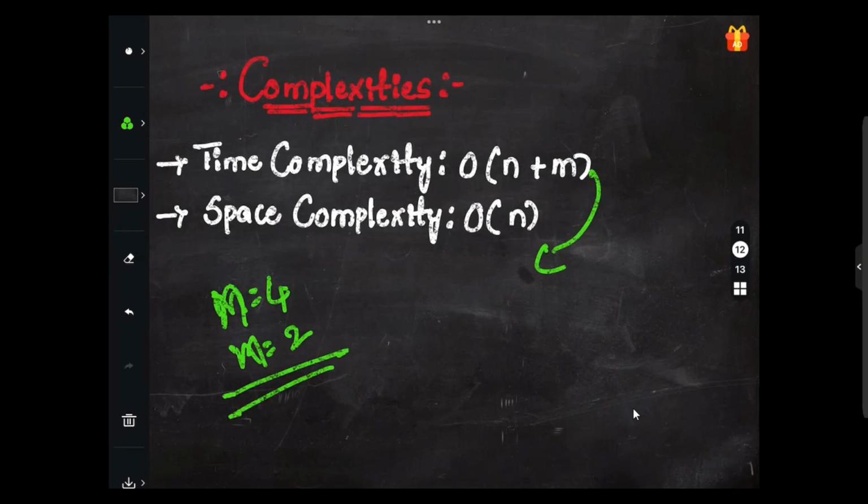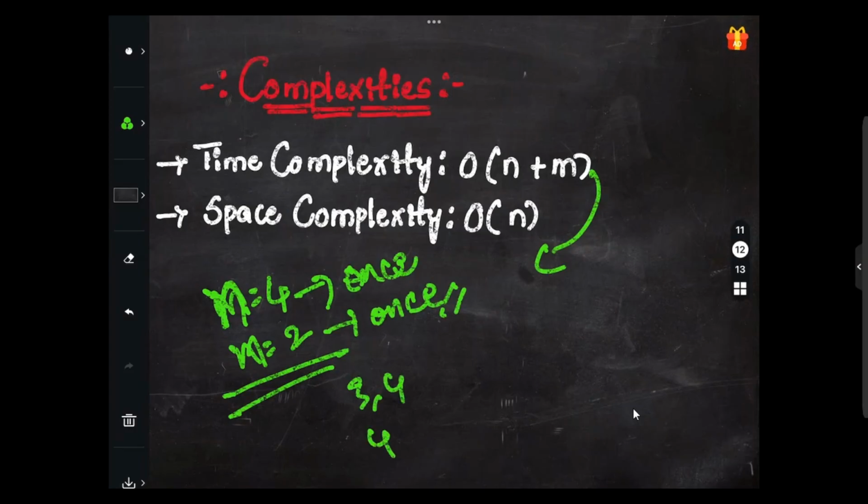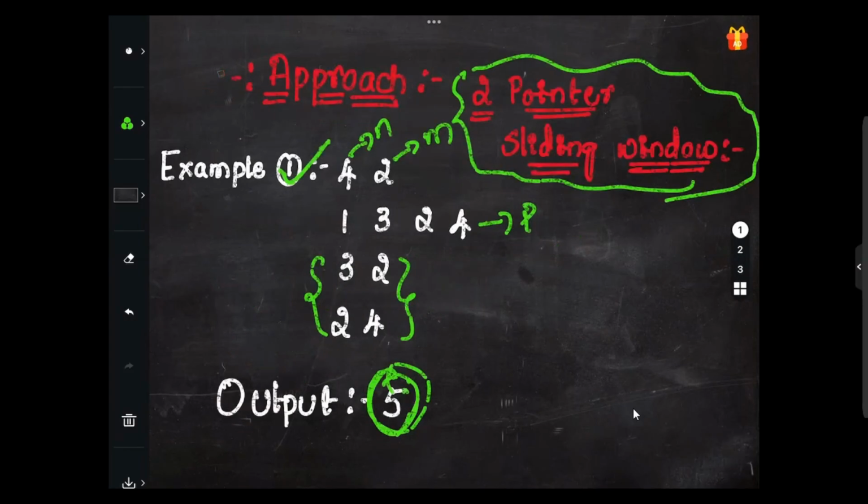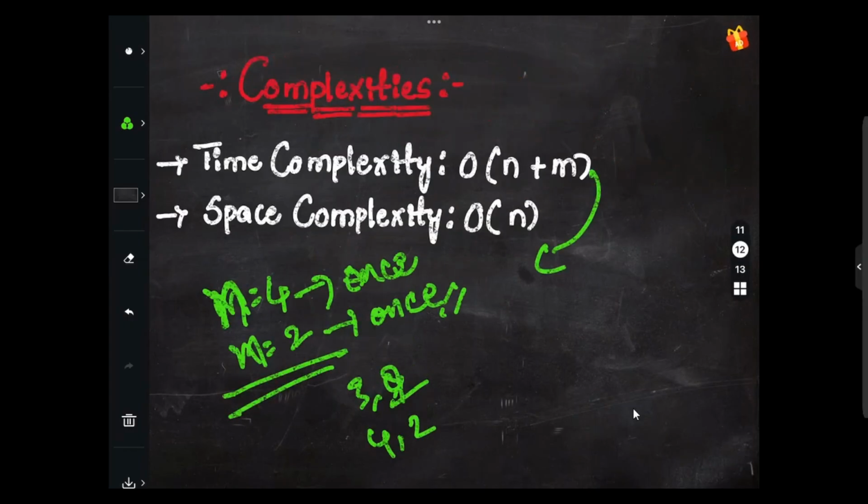Right. So here in this case, we are processing n exactly once, n equals 4, and the m forbidden pairs also exactly once. The pairs were 3 comma 2 and 2 comma 4, I think.